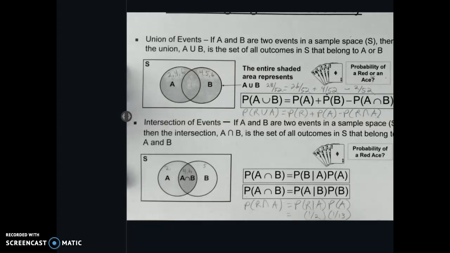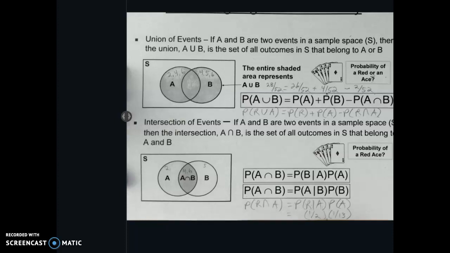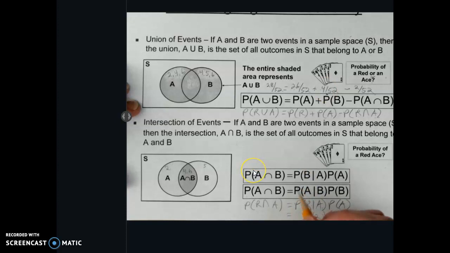Now we can calculate the probability as 1/2 of 1/13, which of course is 1 out of 26. Okay? So the probability of getting a red and an ace, a red ace, is 1 out of 26, which is 2 out of 52, and that makes sense, right? Because there's 2 red aces in a standard deck of cards.